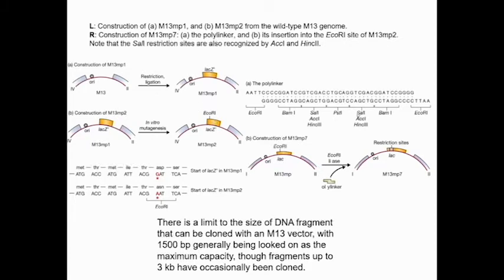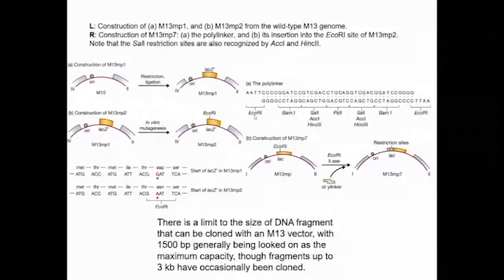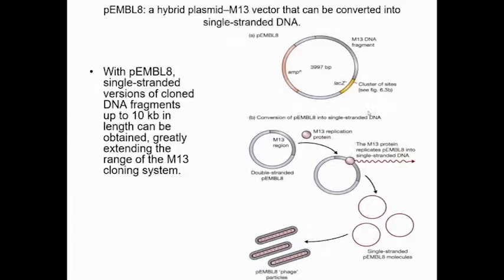And so basically the M13 bacteriophage has this polylinker, and they are symmetrical cloning sites. So from left to right and from right to left, that will be exactly the same, okay? So that's the symmetrical cloning site for the M13 bacteriophage.